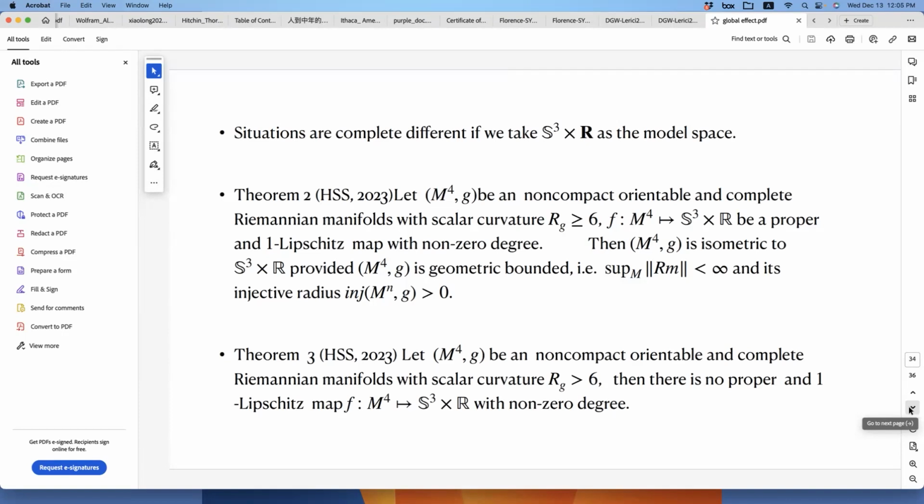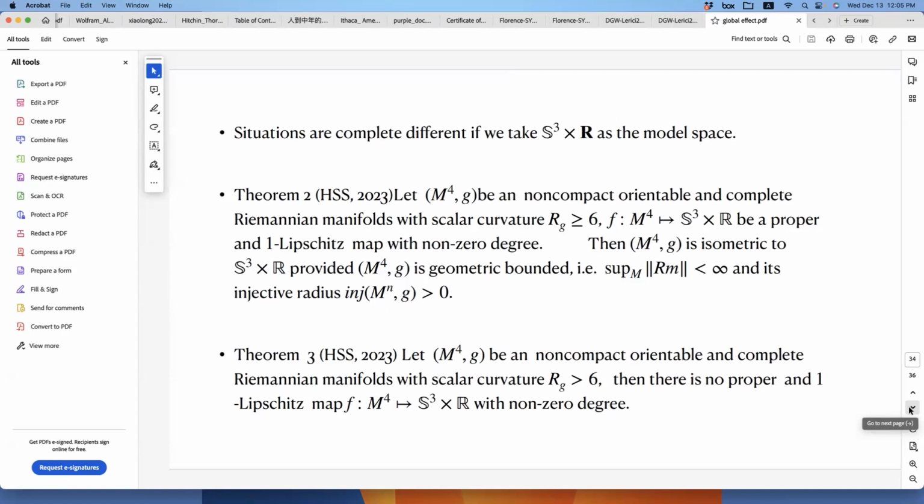Okay, any questions? Now, the last theorem is that for a 4-dimensional non-compact orientable complete manifold with scalar curvature strictly bigger than 6, there is no proper 1-Lipschitz map from M to the model space with non-zero degree.